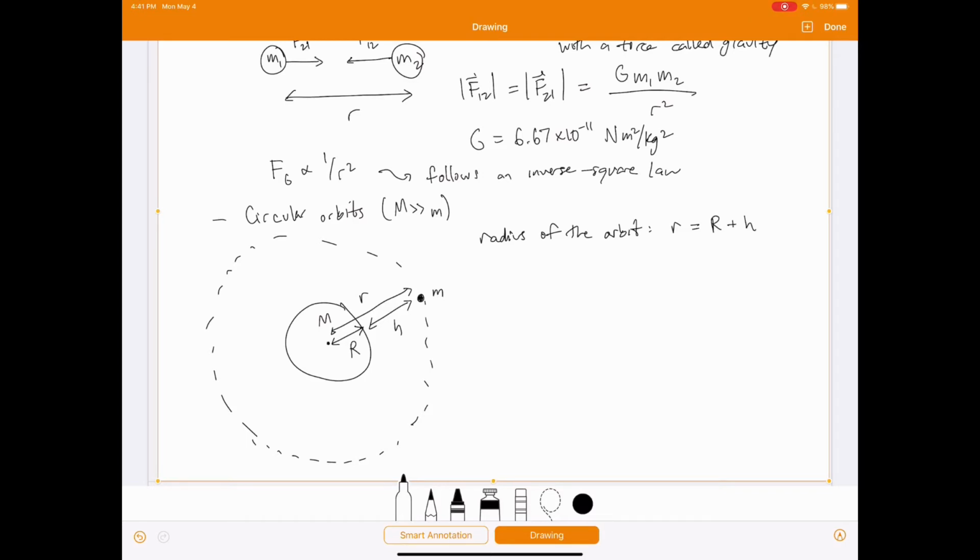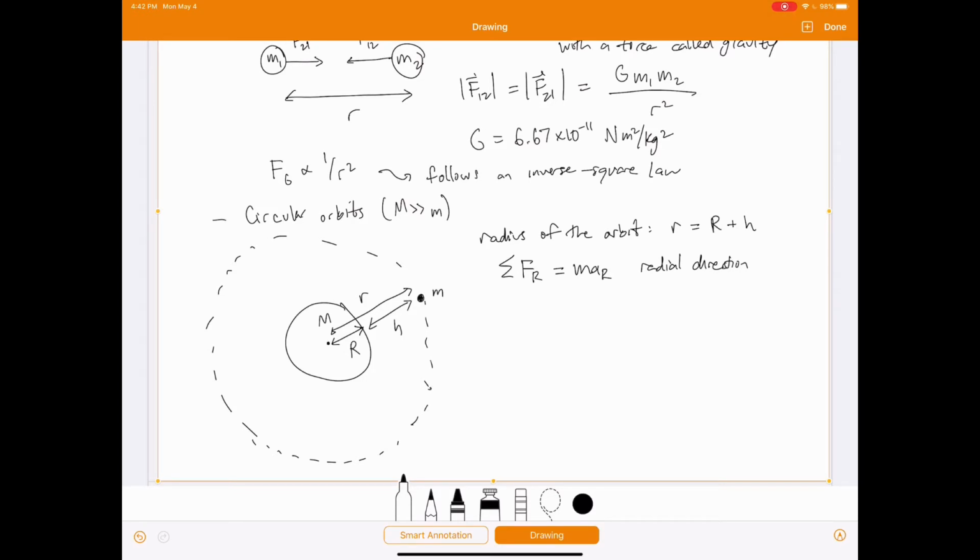Okay, so what we can do is apply F equals ma. In this case, we're not going to do it for the x or the y direction. We're going to do it for the radial direction. And the idea here is if a force is going in towards the center, that will be positive. And if the force is going out away from the center, that would be considered negative.